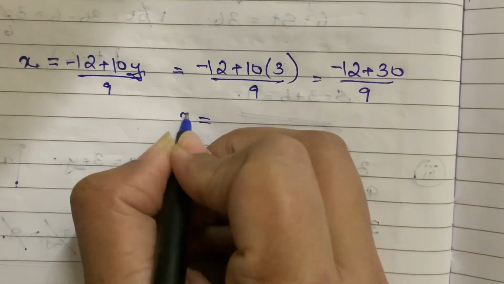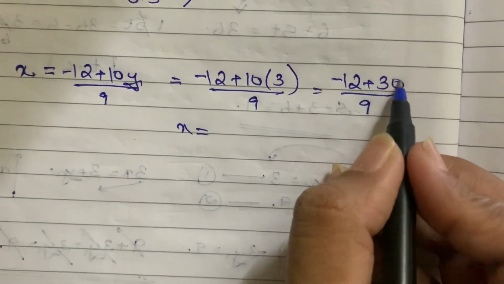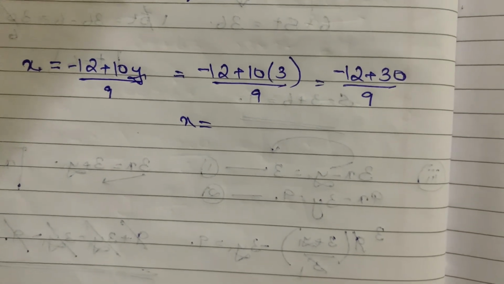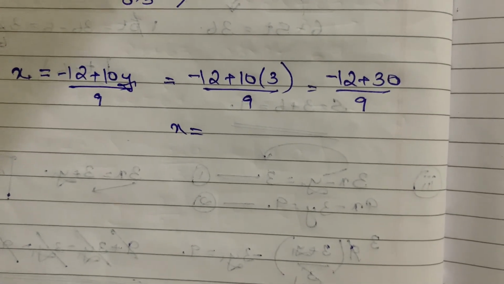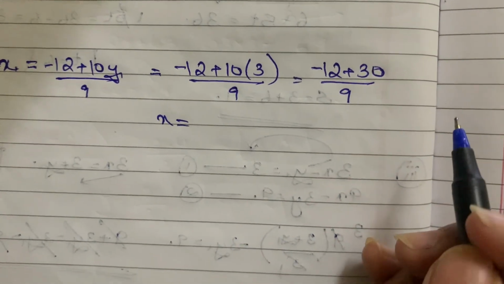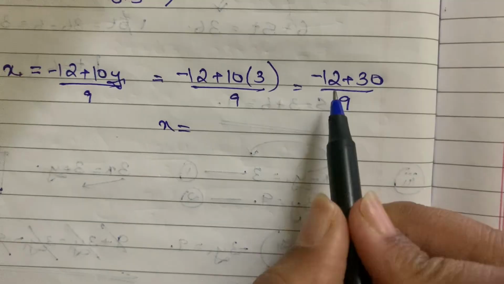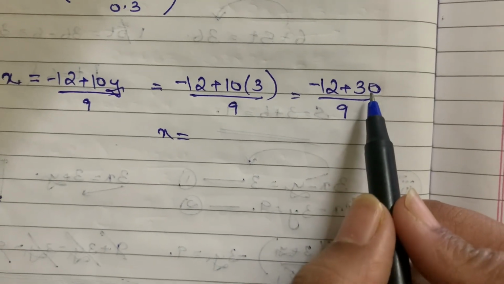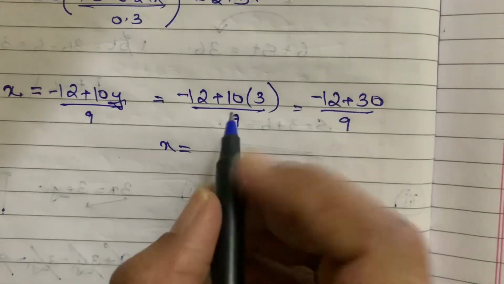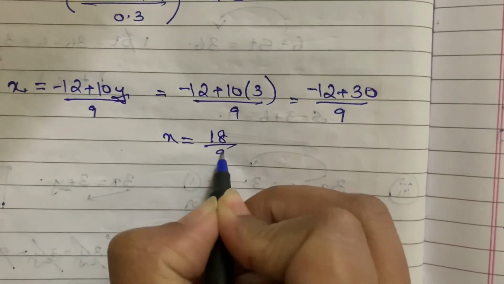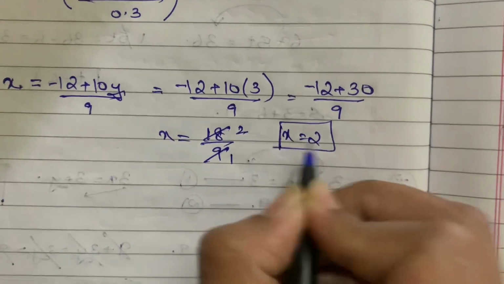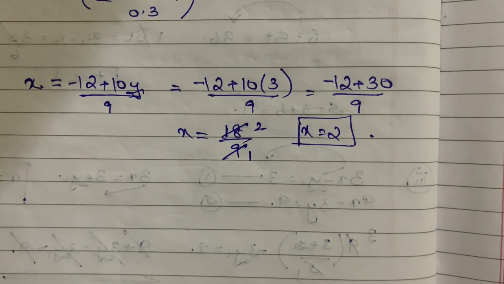That is nothing but x is equal to 18 upon 9. 9 ones are 9, 9 twos are 18. x is equal to 2 is what I'm left with.